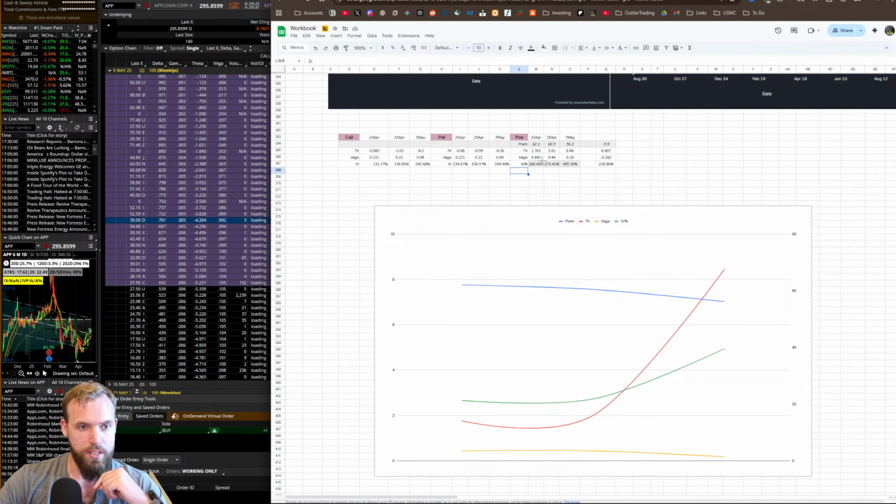Notice how our vega is actually going down. So even though our IV change is exponentially going up and right, our price sensitivity to that change is actually going down.